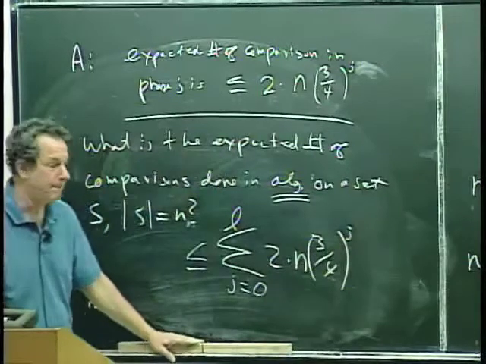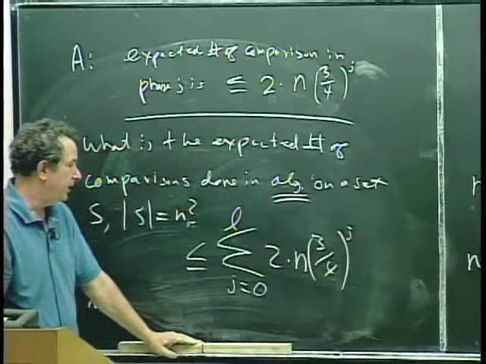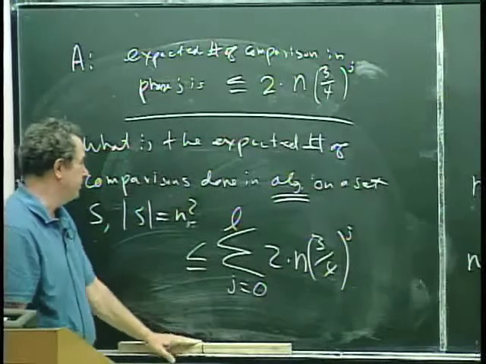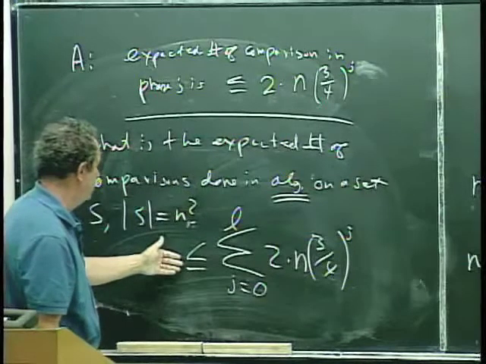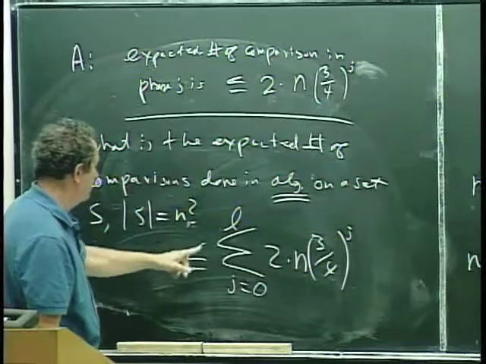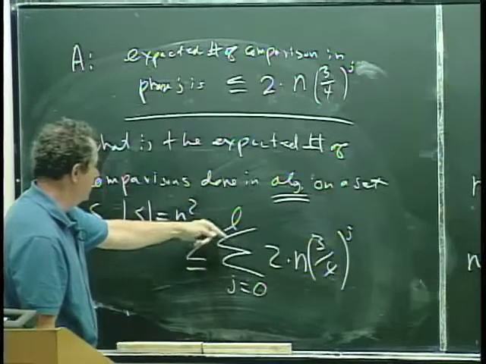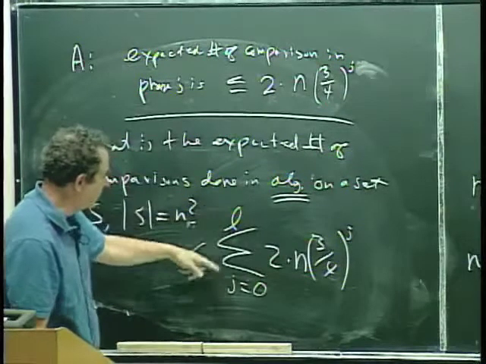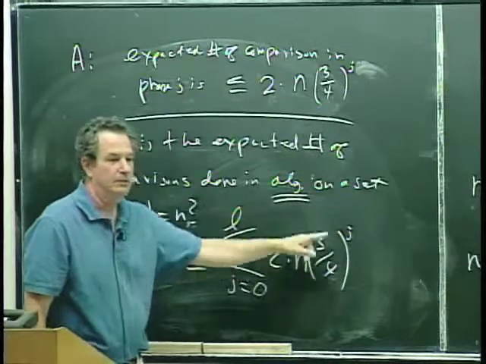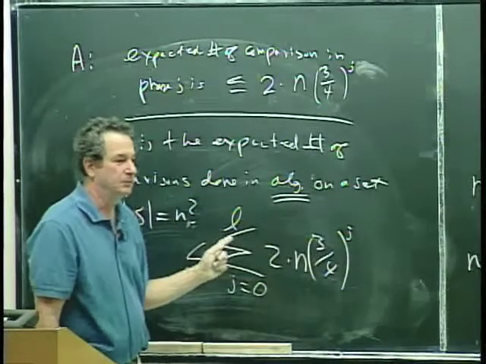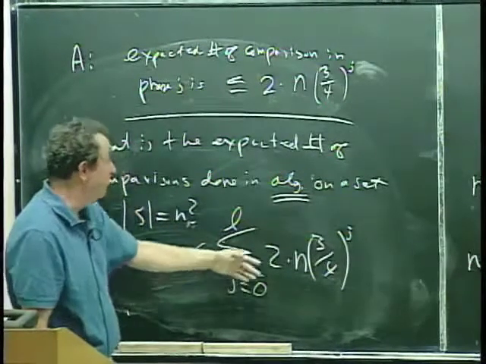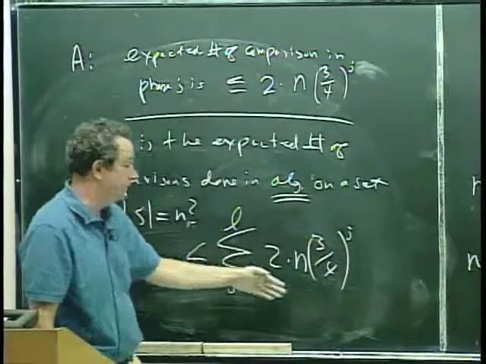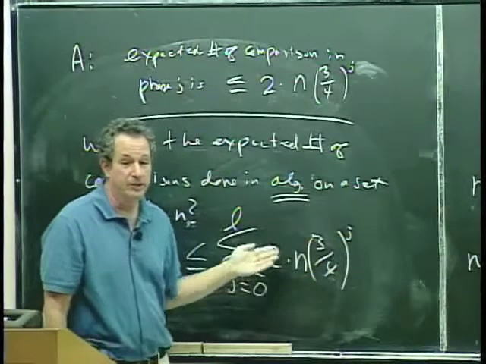Okay? But what allows me to say that this is right? I'm just summing over the expected number of comparisons in each phase individually.